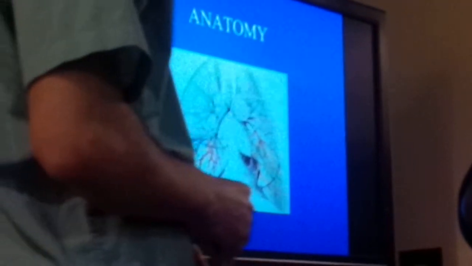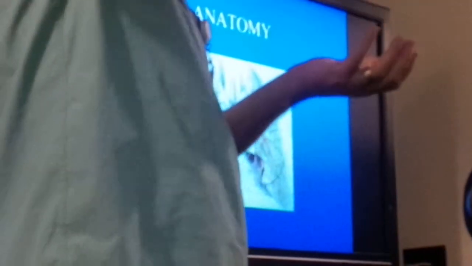This figure shows you that on the left side, if you look anteriorly, you may see only the upper lobe. Only a small part of the lower lobe is visible here, because the lower lobe is not one above the other.